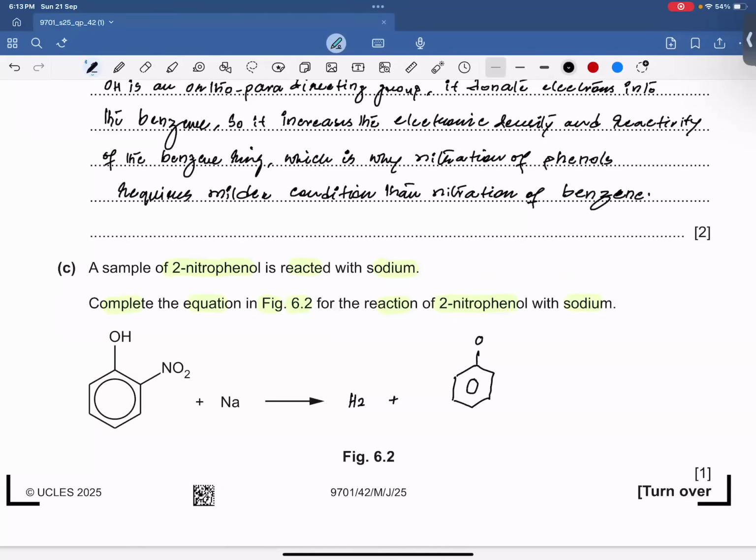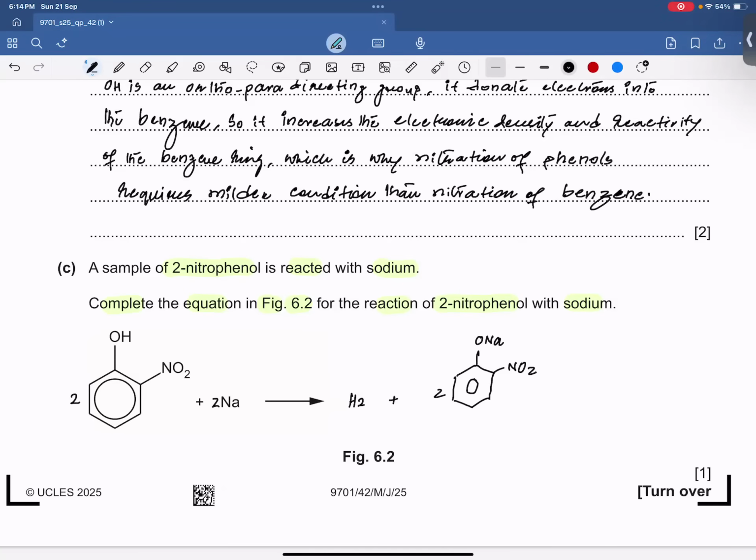This oxygen atom will remain. Instead of hydrogen, I'm going to write sodium, and this NO2 will remain. So we have 2 hydrogen here. So in order to balance the equation, we need to put 2 here, 2 here, and 2 here. Now it's a balanced chemical equation, okay?